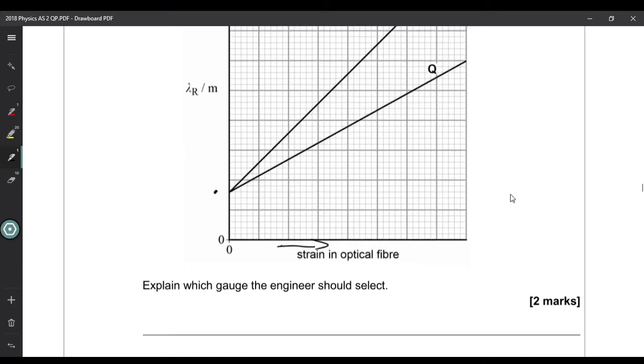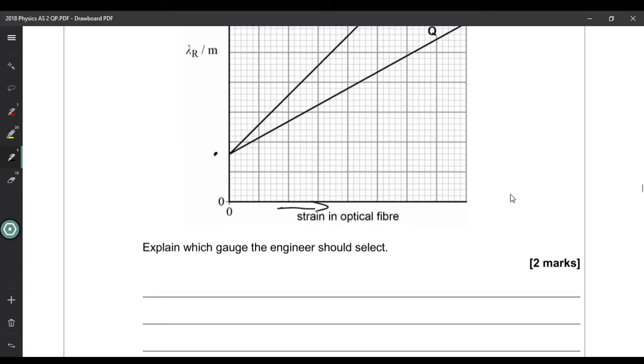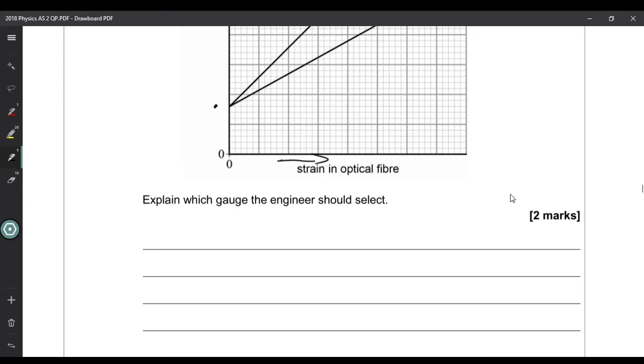And if we're talking about small changes in strain, which would result from the small accelerations, then what we want to do is make those changes in lambda r as large as possible. Because the larger the value, then the less uncertainty we're going to get in the measurement. So we're going to choose P because that's going to give us the greatest change over the same value of strain.